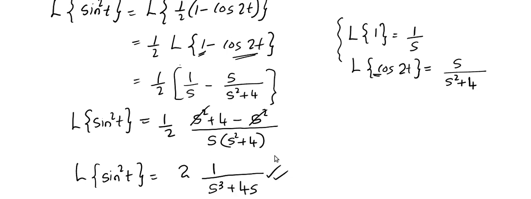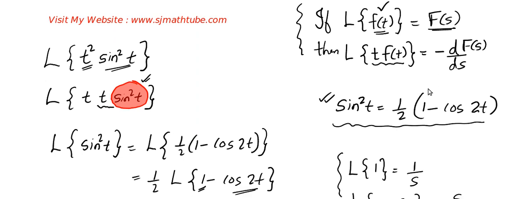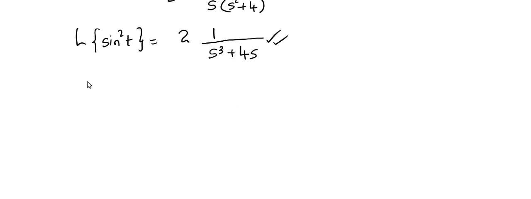Okay, now look at this. We need to find Laplace of t square into sine square t. So what I did is I found the Laplace of sine square t. Now I'm going to multiply by t. And what should we do if you multiply by t? You have to find the derivative and put a negative. Okay, so let's do that.